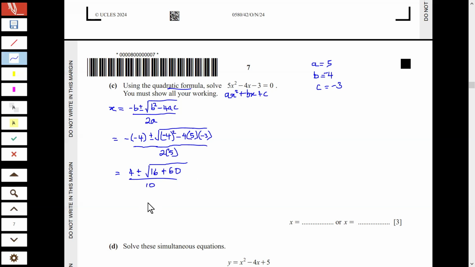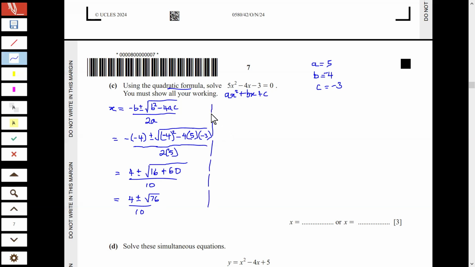So to further simplify this, we write 4 plus or minus the square root of, now 16 plus 60 is 76. So it's going to be root 76 over 10. We can still continue to simplify to find the value of x.